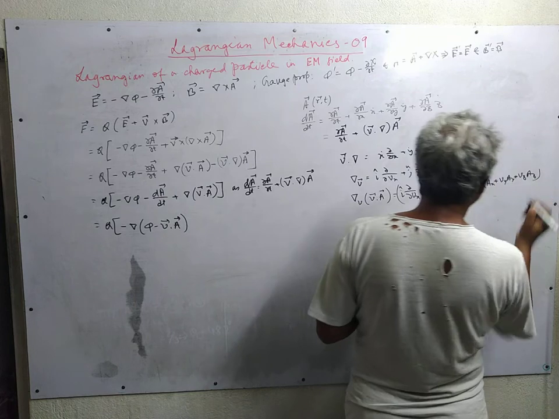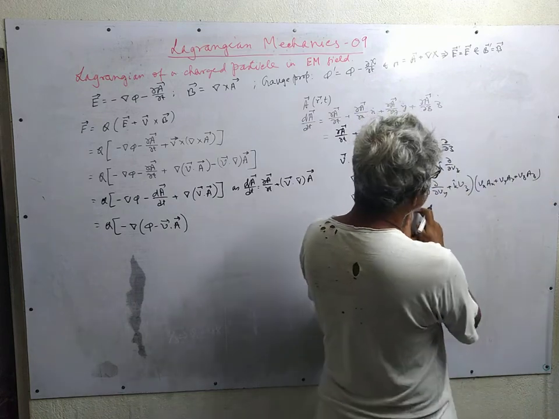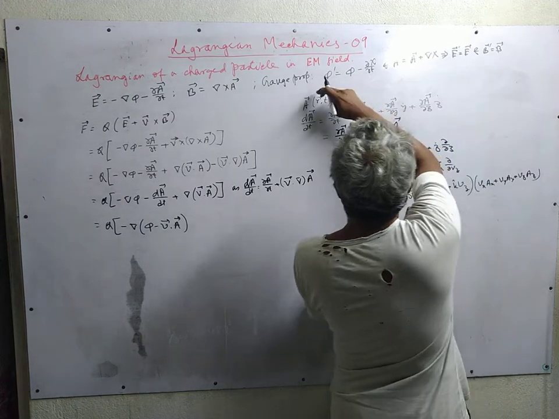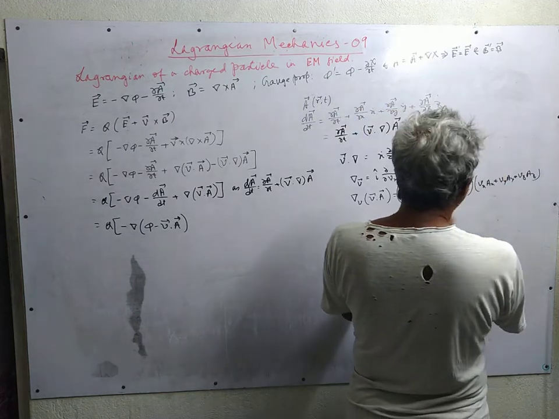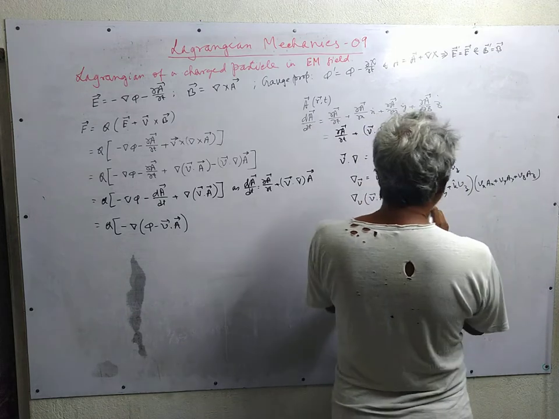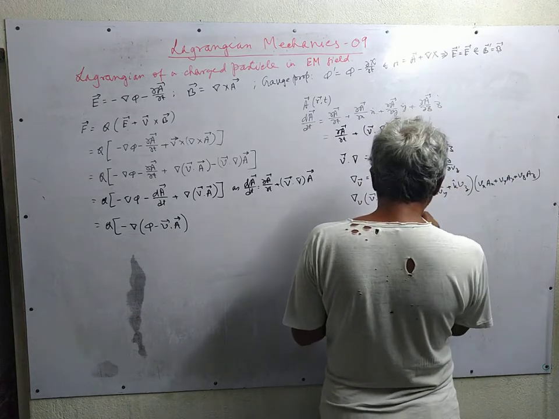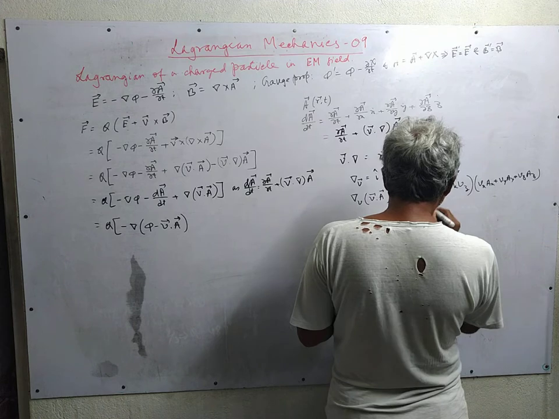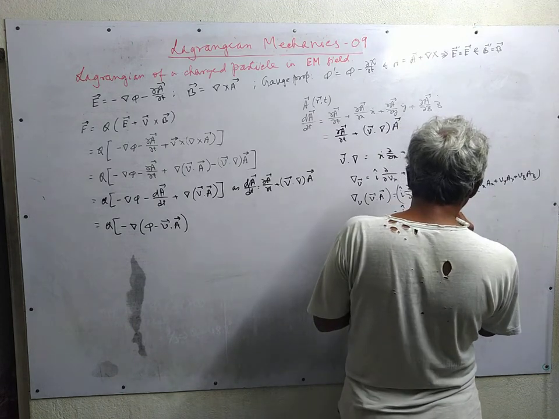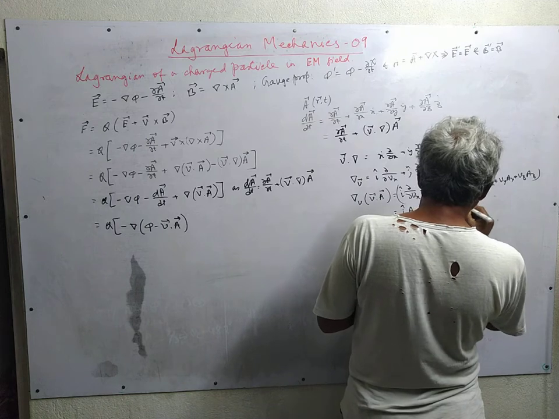Now when this operates, since A is the vector potential, a function of position and time, this operator does not operate on it. So we get i cap Ax plus j cap Ay plus k cap Az.